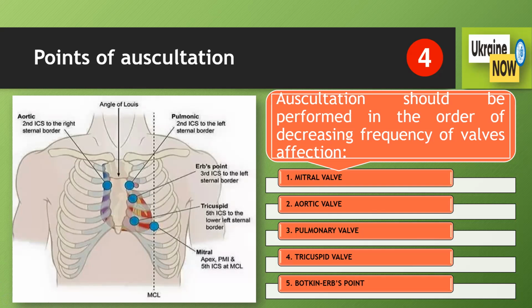Auscultation of the heart in such sequence, first mitral, then aortic, pulmonary, tricuspid, and Botkin-Erb, is carried out due to the fact that in such sequence the frequency of valve damage is reduced. Most often it affects the mitral valve, less often the tricuspid valve.